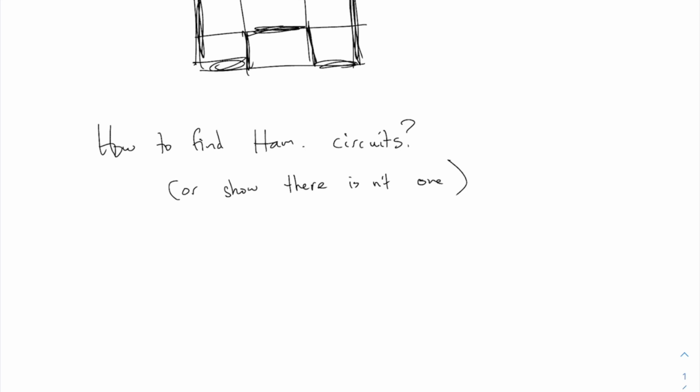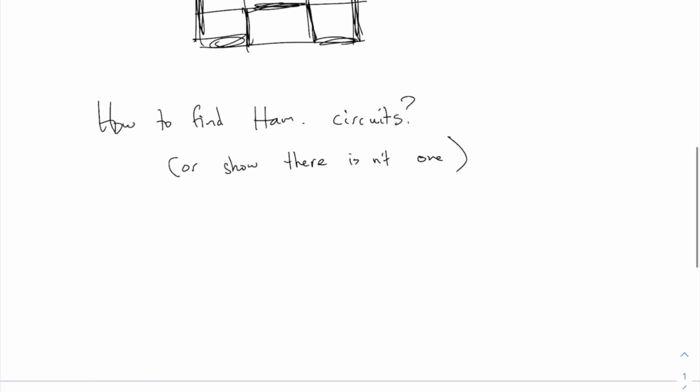On a test or something, I will show you a graph, and it will be your job to either find a Hamilton circuit in the graph or show that there isn't one. All right. So I got some simple examples and some more complicated examples. I got a cute handout here with some more complicated examples. Let's start easy though. So here is one.